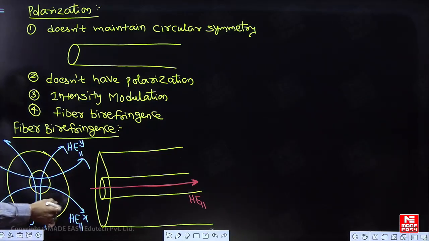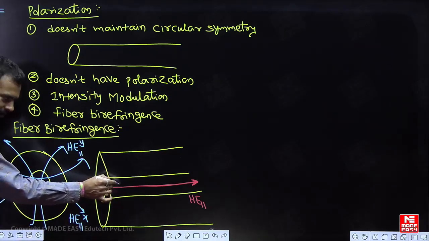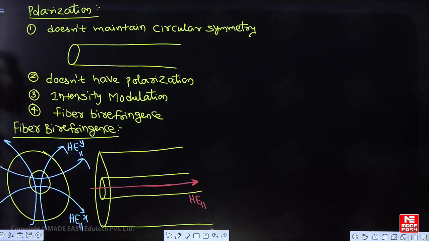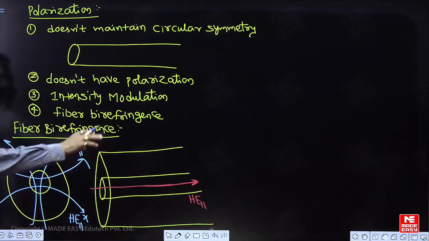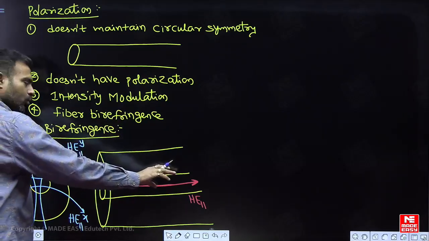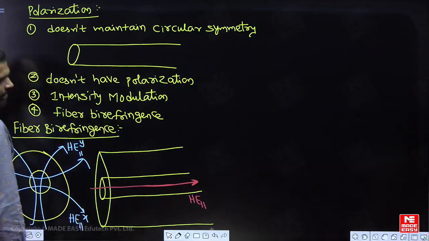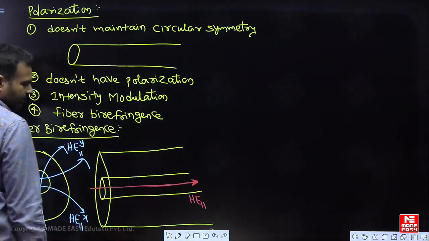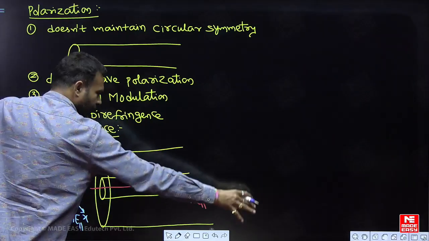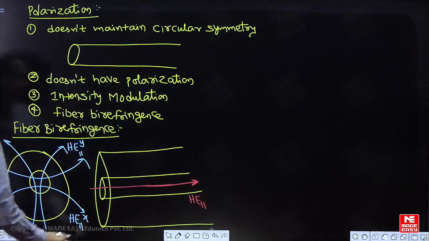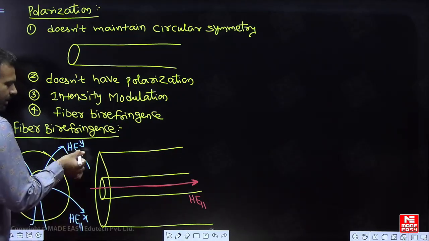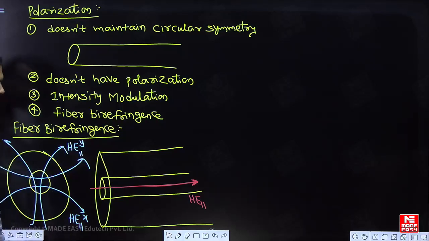These two modes would travel with uniform velocity, but because of the imperfection in the core geometry, the internal and external stress on the fiber, and the bending of the fiber, the mode changes into two degenerate modes, HE11X and HE11Y.